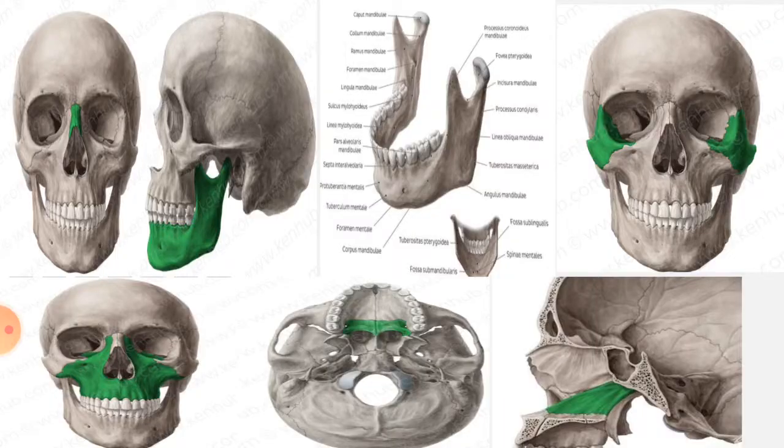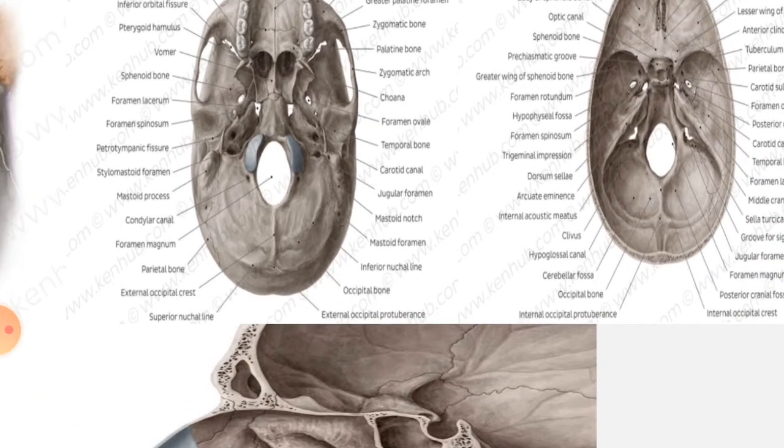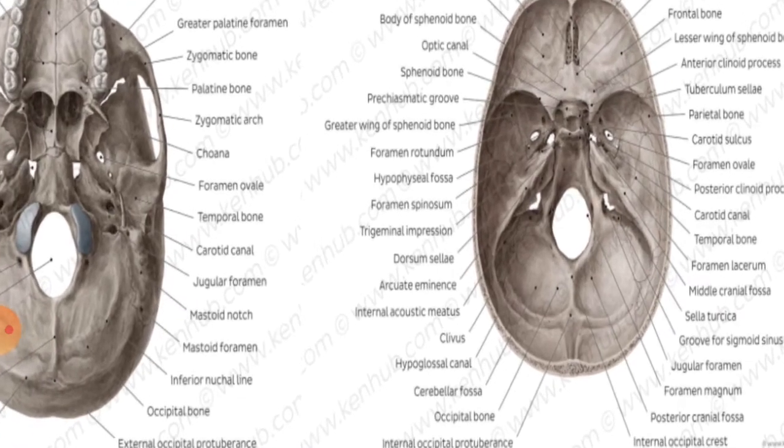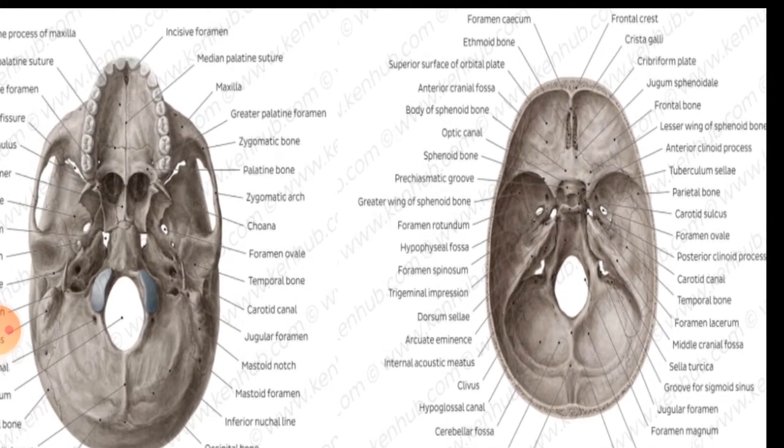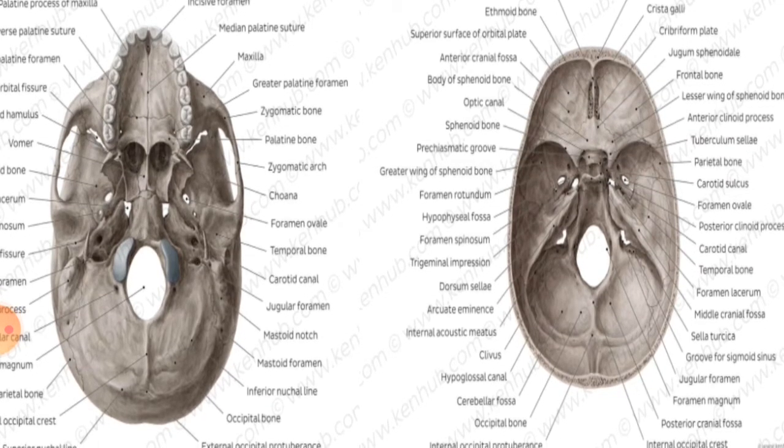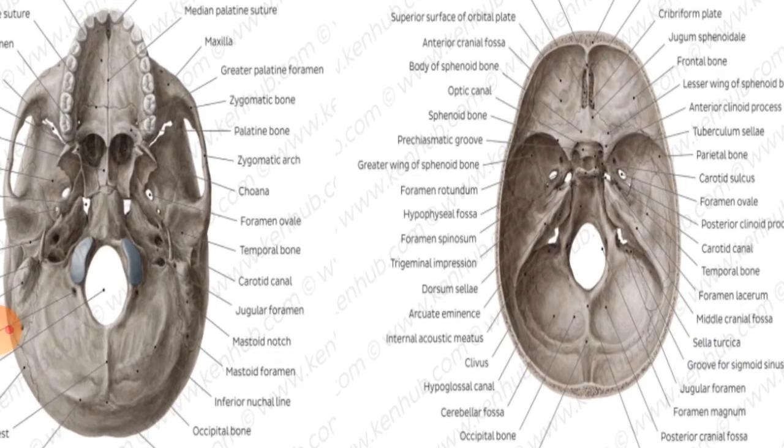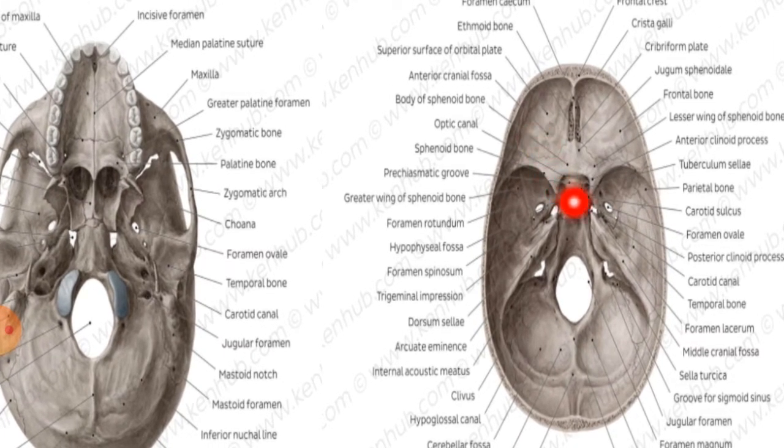Okay, now we will discuss the base of the skull, which is really very important, and we will appreciate various foramina and various structures that lie in the base of the skull. The canal that you can appreciate here is the optic canal, from where the optic nerve passes.